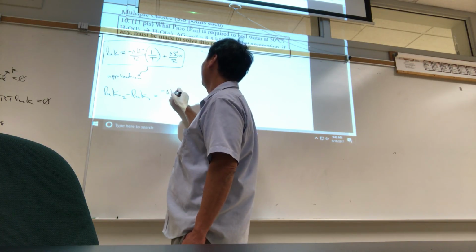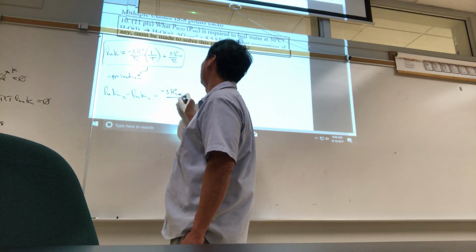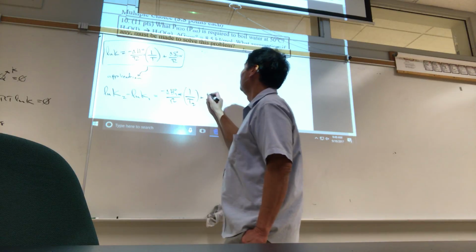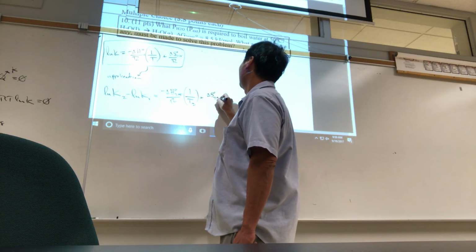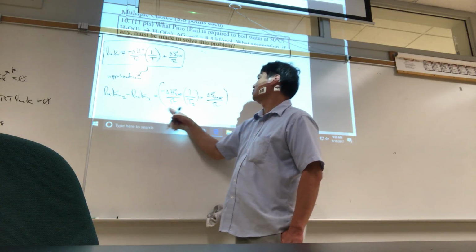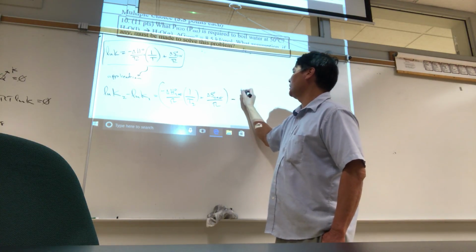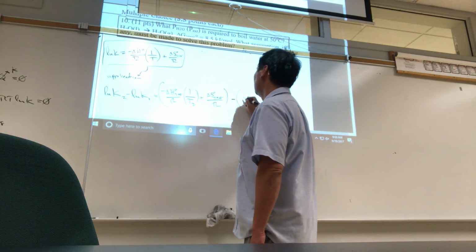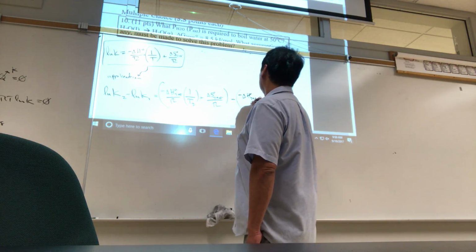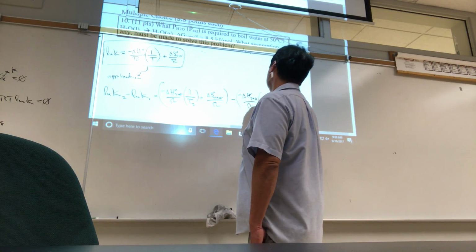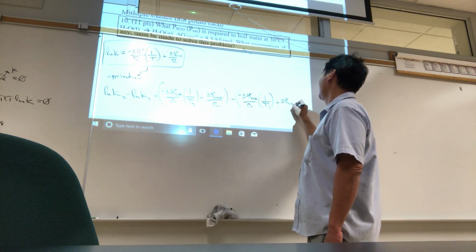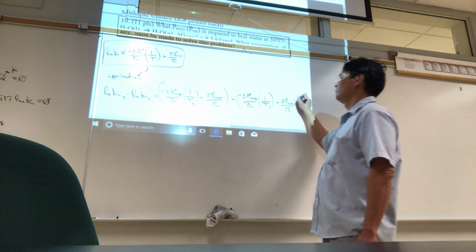And so what I'll get is minus delta H naught at 298 over R, 1 over T2, plus delta S naught at 298 over R. That's ln of K2 right here. And then I'm going to do minus ln of K1. So ln of K1 is going to be minus delta H naught at 298 over R, 1 over T1, plus delta S naught at 298 over R.